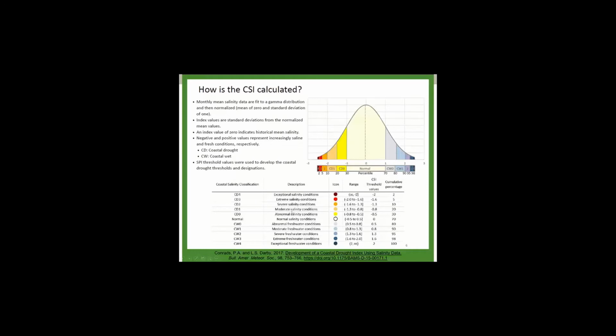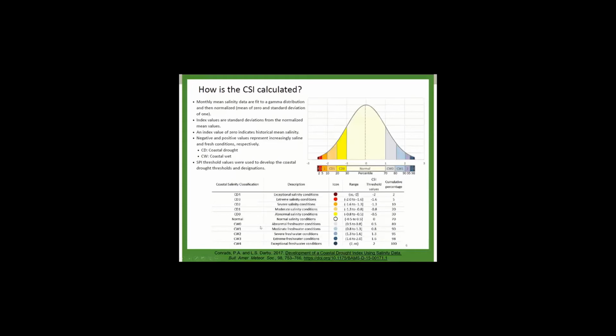So here's the table at the bottom showing the classifications of the Coastal Salinity Index, the description, the icon, color, range, and threshold values. The CD stands for coastal drought and represents salinity conditions, anywhere from abnormal salinity conditions to exceptional salinity conditions in increasing red concentrations. These range from minus 0.5 to less than minus 2.